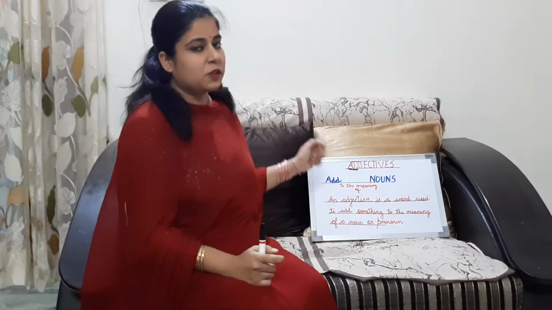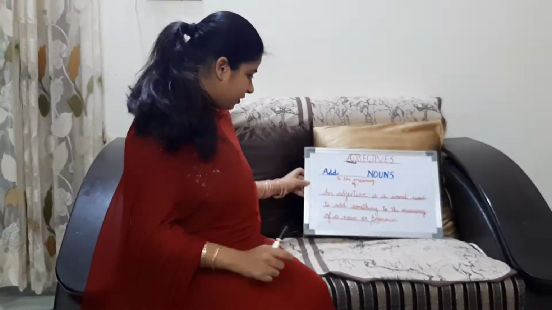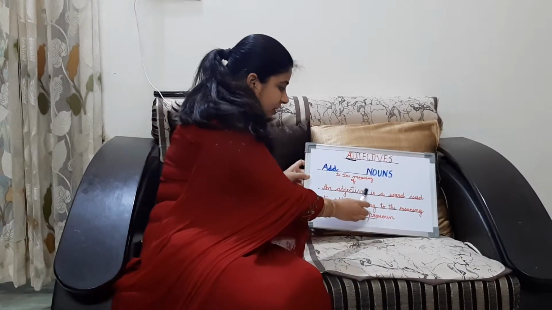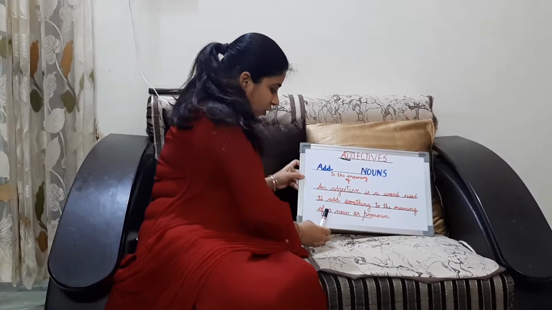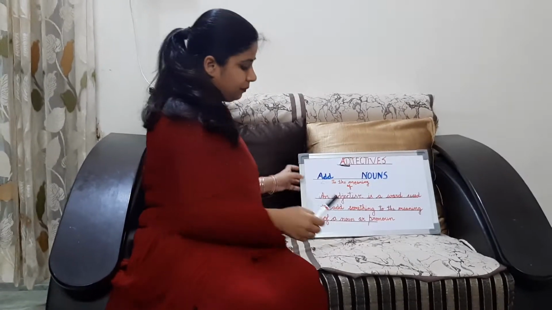This white board. This board. Now this word is pointing out, it is also an adjective. So always remember adjectives add some information about noun. Let us check the definition. An adjective is a word used to add something to the meaning of a noun or pronoun.